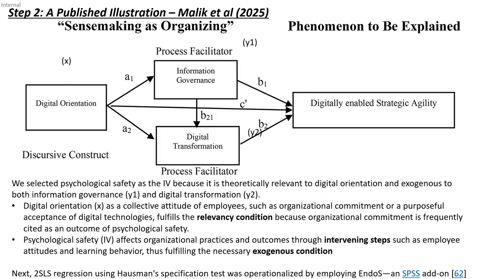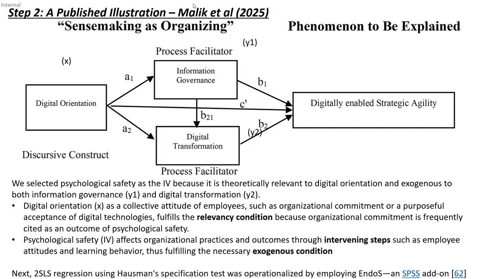And psychological safety could only affect information governance and digital transformation through digital orientation, so it also fulfills the exogenous condition. So psychological safety, our instrument variable, is theoretically relevant to digital orientation directly, and indirectly through digital orientation to information governance and digital transformation. So that was our application.